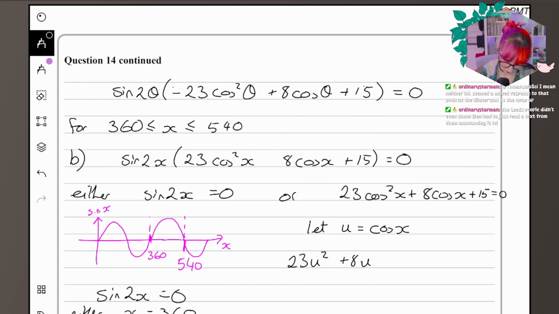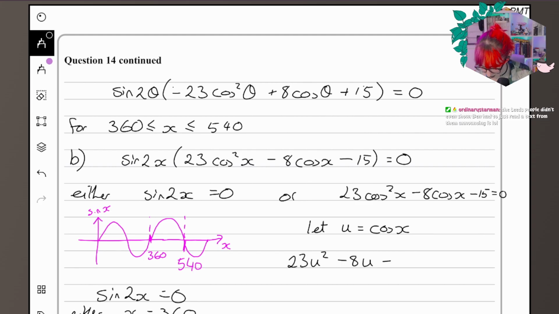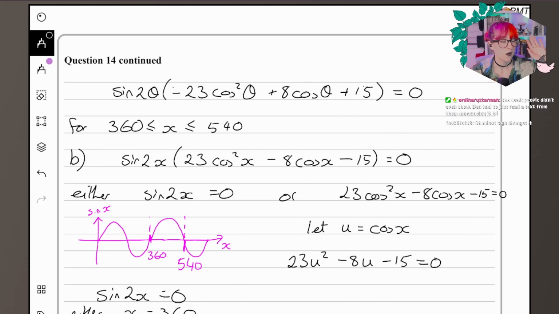Plus minus minus 15 equals 0. And then we solve that for u, and then we solve that for x. There we go. We had a mistake, we found it. We're all good.